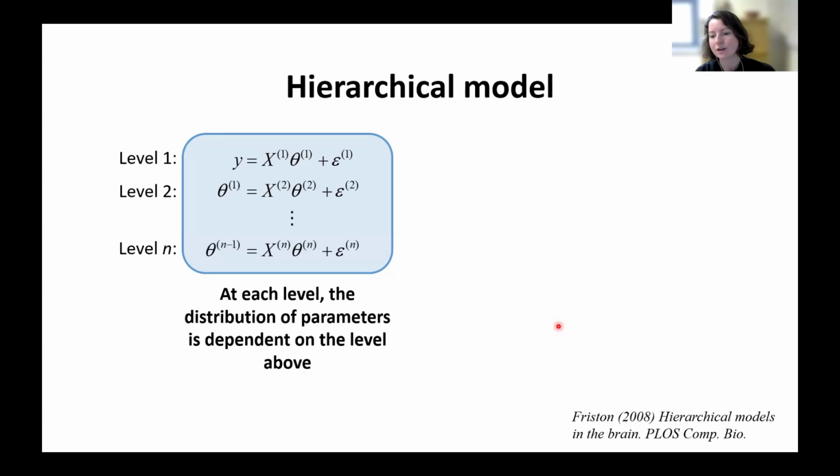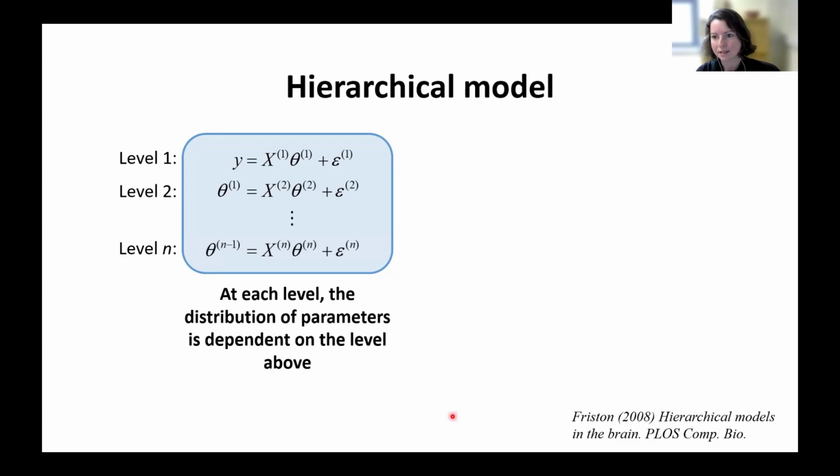The basic idea of a hierarchical model is that the parameters of the first level are dependent on the parameters of the level above, and so forth. So theta 1 at this level is determined by a combination of the parameters at this level, but also at the level above. What we are trying to estimate are the variance components at each level, and the distribution of these components is hierarchically related. You can read more about hierarchical models in this paper.